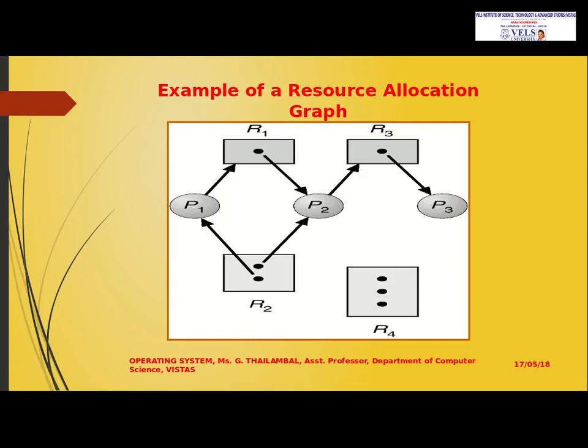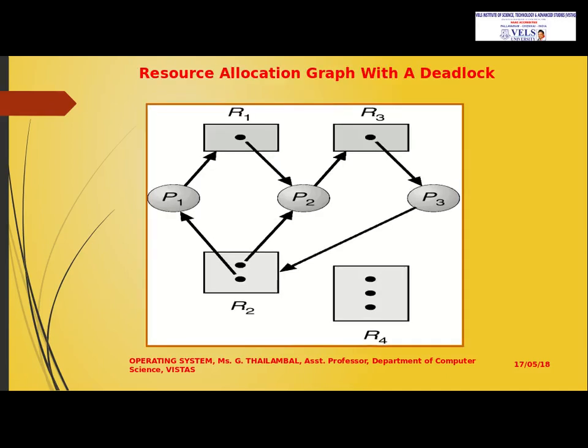So this is the graphical representation of resource allocation, and it is used by the operating system before any resource is allocated to a process. The OS can identify whether any deadlock has happened among the processes and resources with the resource allocation graph. So this example diagram will tell you this.